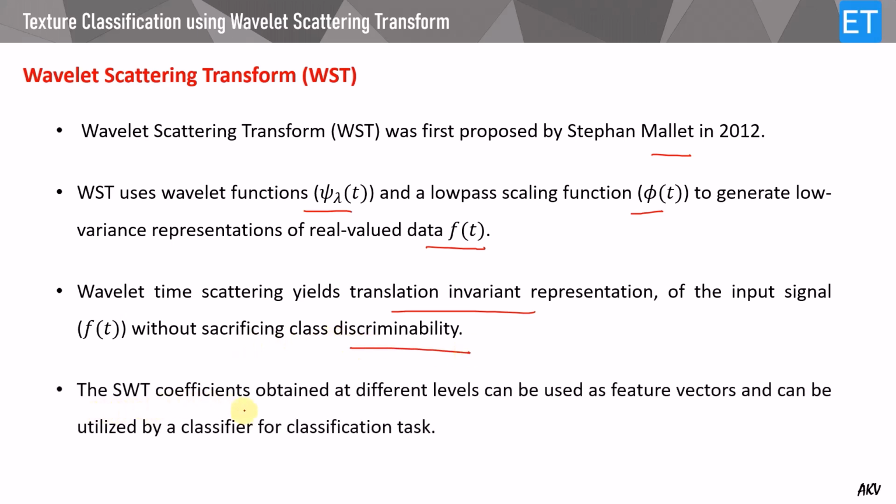The scattering coefficients obtained at different levels can be used as feature vectors and can be utilized by a classifier for classification tasks. This is what I'm going to show you in this video, how we can use the scattering transform coefficients for the classification of texture images.